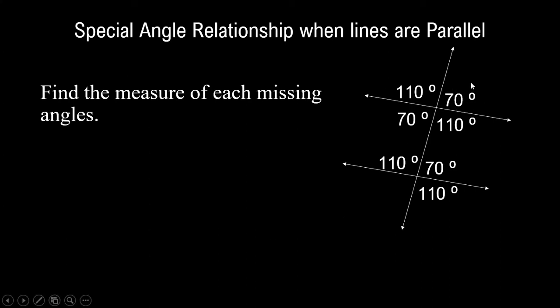If this is 70 and the missing angle is its alternate exterior angle, meaning they are congruent, then this is also 70. So that is how we get the angle measurements if the lines are parallel. But take note again, if these lines are not parallel, then the special angle relationships that we discussed are not applicable.